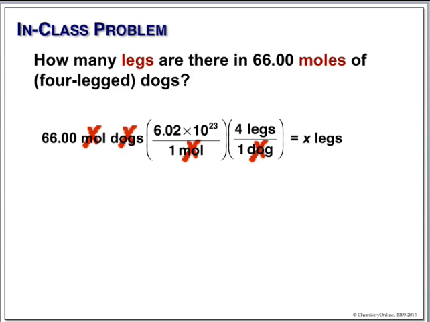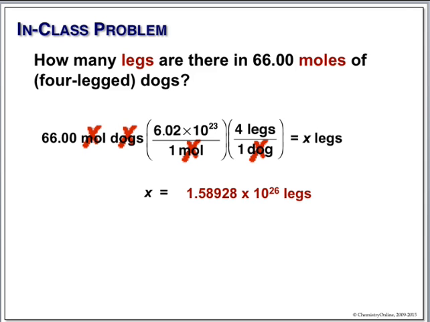So we're going to multiply 66 times 6 times 4, and we get 1.58 times 10 to the 26 as our legs. Now our significant figures here are off, aren't they? 4 legs per dog, that's a simple ratio.